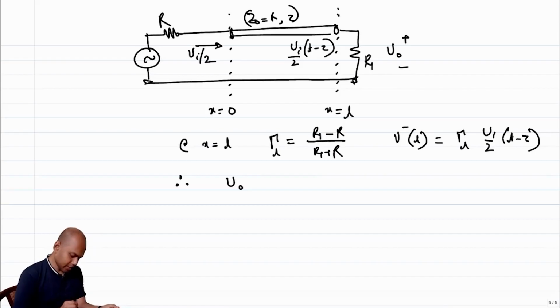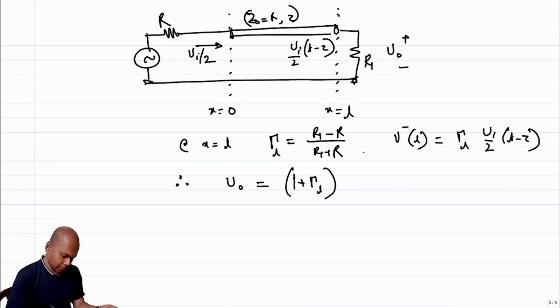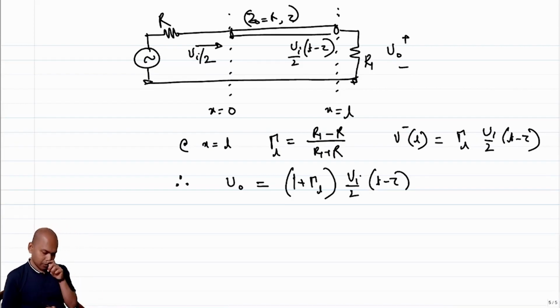I have kept it generic. I can also keep this generic. So V naught should be equal to 1 plus gamma L times V plus, that is Vi by 2 (t minus tau), right?